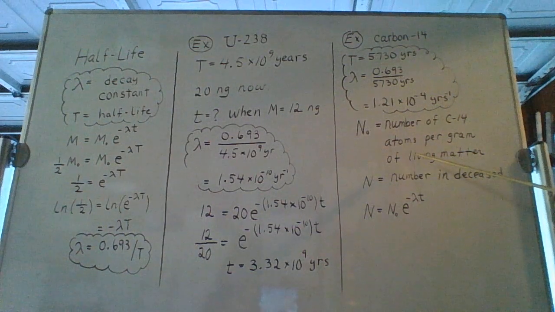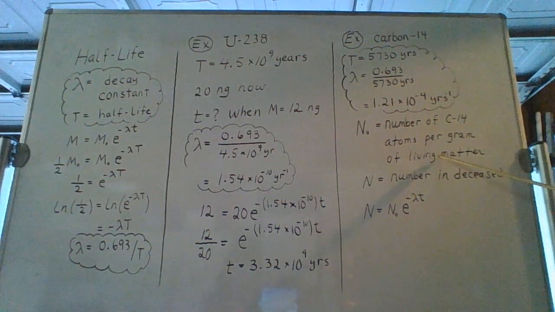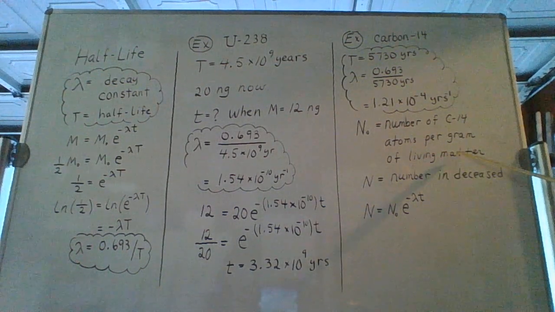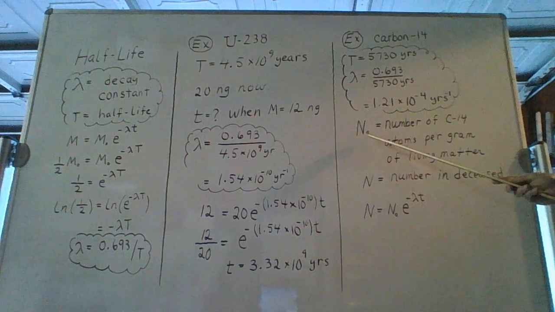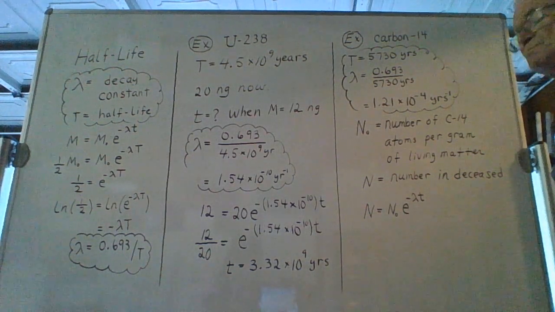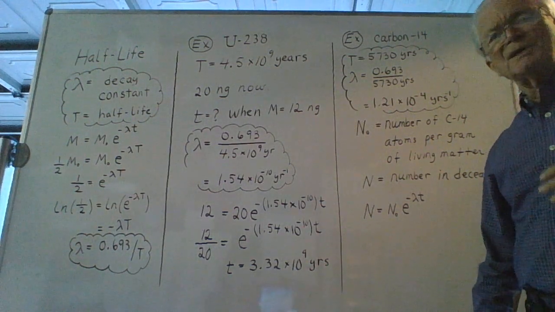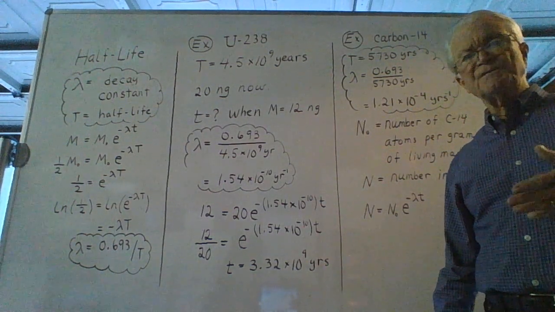Maybe it's the bone of an animal of a certain kind, or other tissue of a certain type in this living organism. 0 subscript means that this is the number of atoms per gram of material that exist when this object has been dead for 0 years.